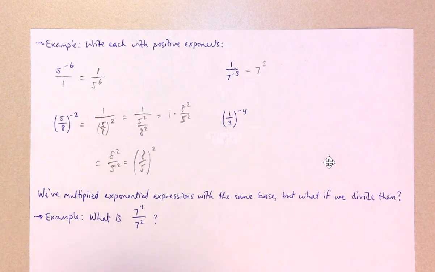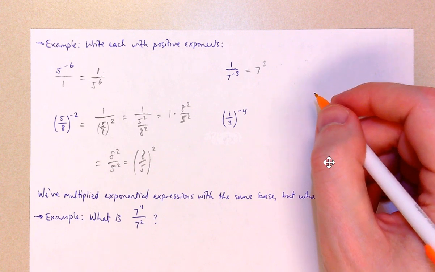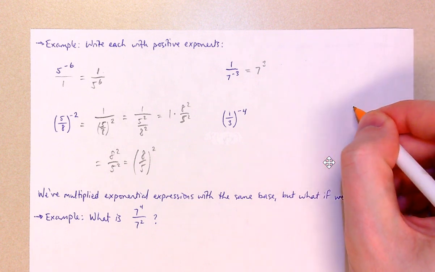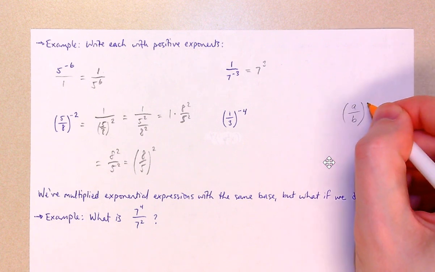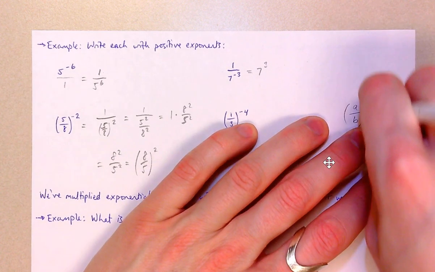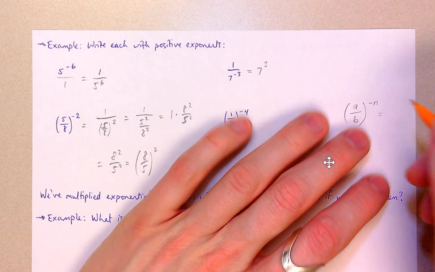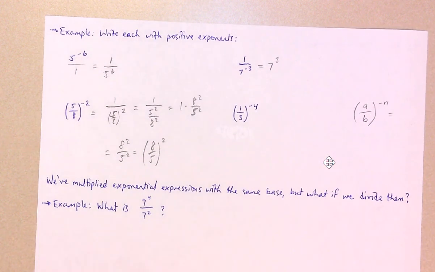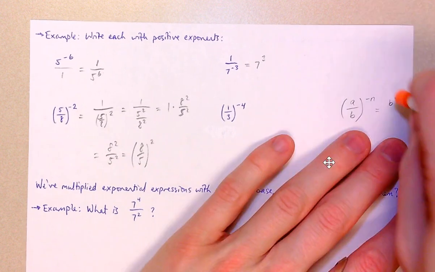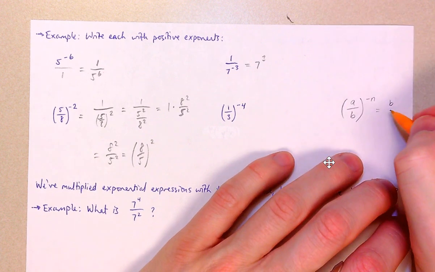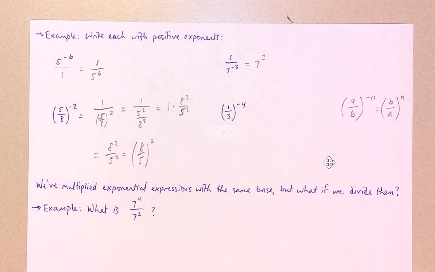So the technical mathematical way that we can state this property is to say that a over b raised to the power of, we'll go minus n for the sake of being consistent, a over b raised to the power minus n is the same thing as b over a raised to the power of positive n.